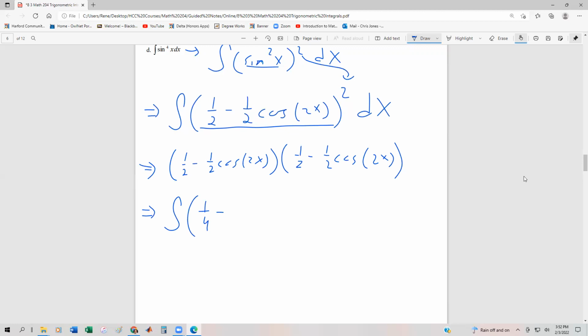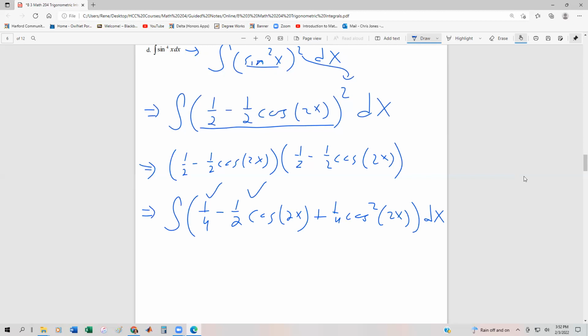We're going to have 2 of those 1/4 when we multiply the cosines. So it's going to end up being minus 1/2 cos of 2x. And then this is the one that's really going to get us: we are going to have a positive 1/4 cos squared of 2x dx.